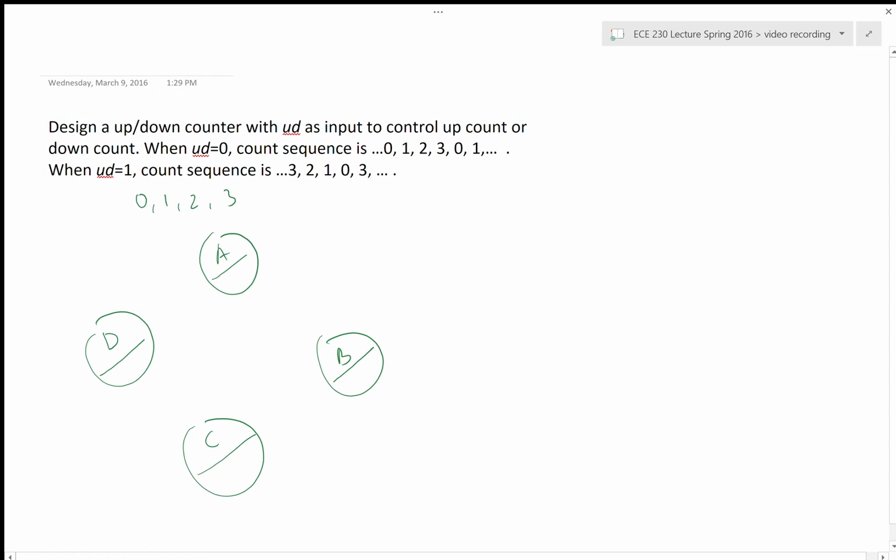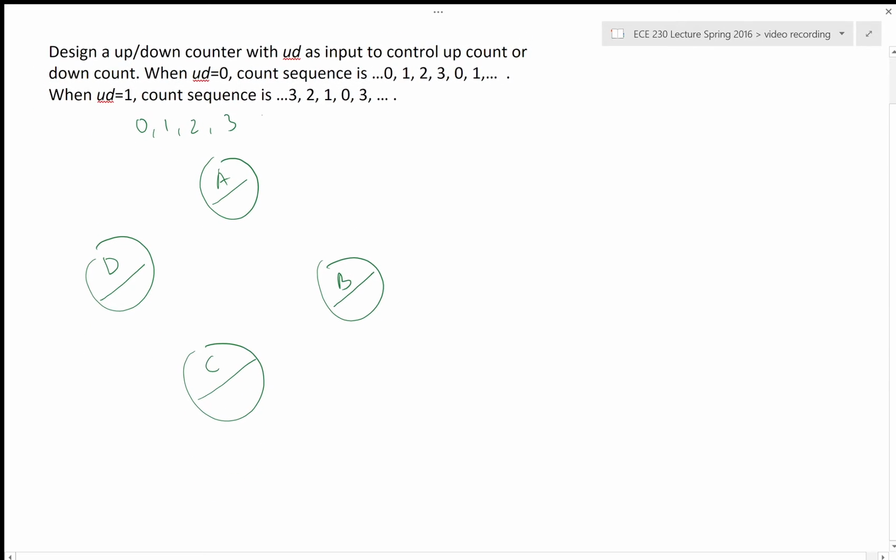If we translate that into digital numbers, the outputs are 0 0, 0 1, 1 0, and 1 1.